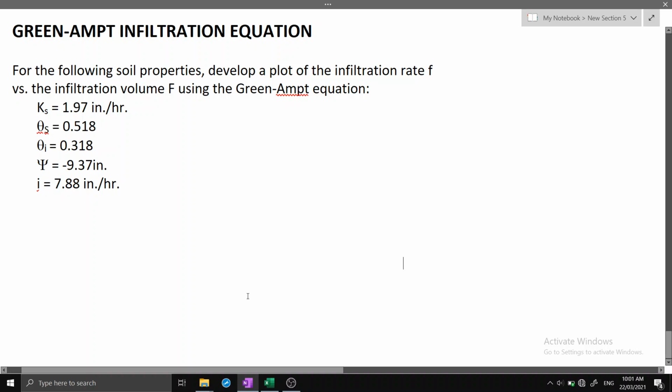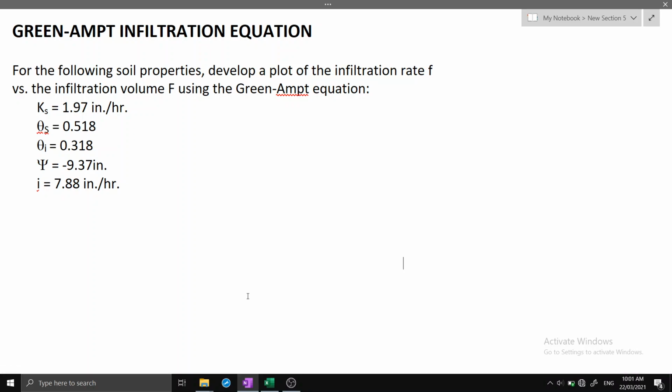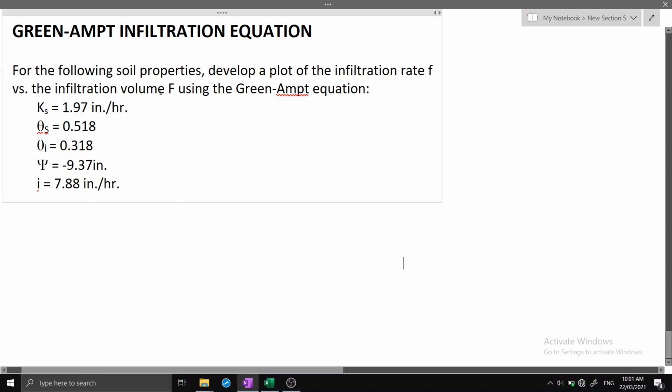So for the next problem, we are asked to plot the infiltration rate f versus the infiltration volume, capital letter F, using the Green-Ampt equation. The soil properties are as follows. The maximum hydraulic conductivity is equal to 1.97 inches per hour.